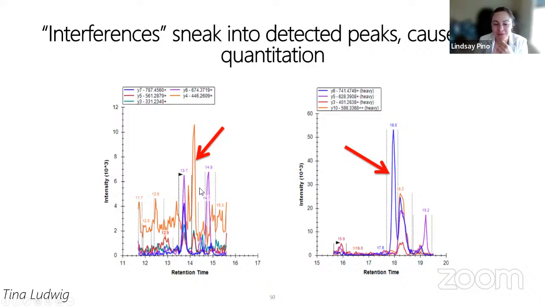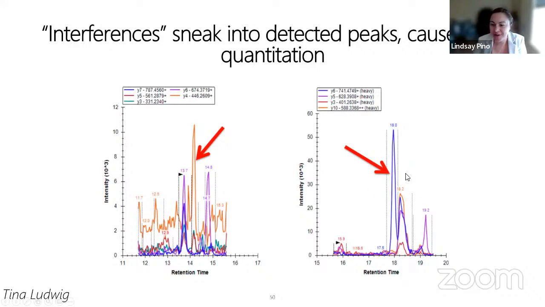Especially on the left, you see in the orange Y4 signal, there's a huge interference, and it almost makes it hard to tell that right here, a little after 13.5 minutes, there's a beautiful stack of all the other fragment ions in a very symmetrical, pretty looking chromatogram. But there's this giant orange signal interference in that.